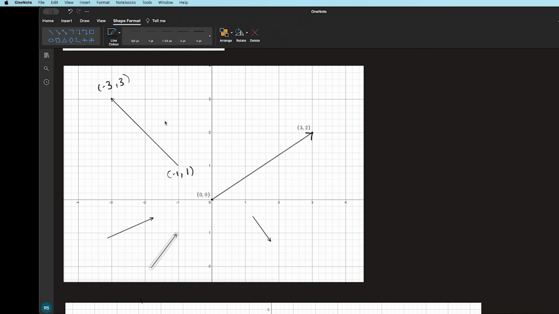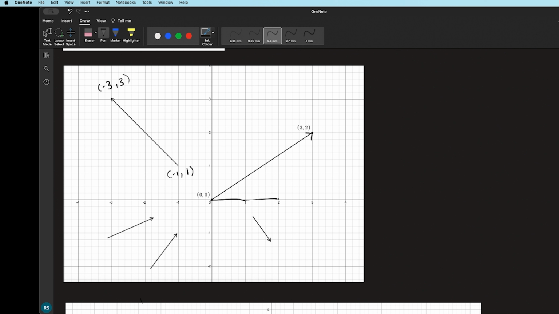Now coming to this position vector, how can I define it? I will travel 3 units in the left direction, 1, 2, 3, and I will travel 2 units in the upward direction, 1, 2. So I have traveled here 3 units to the left and 2 units in the upward direction.